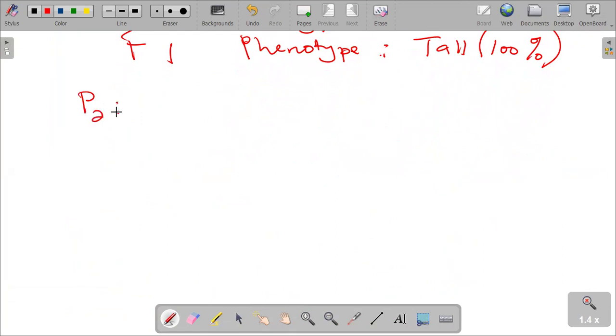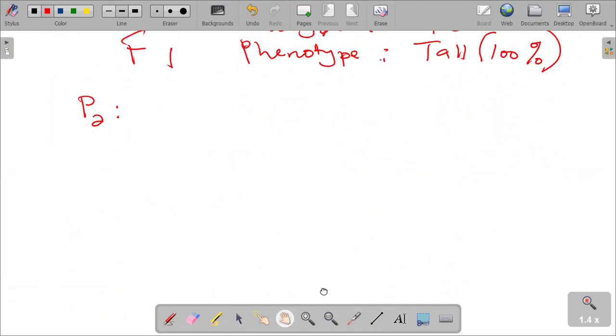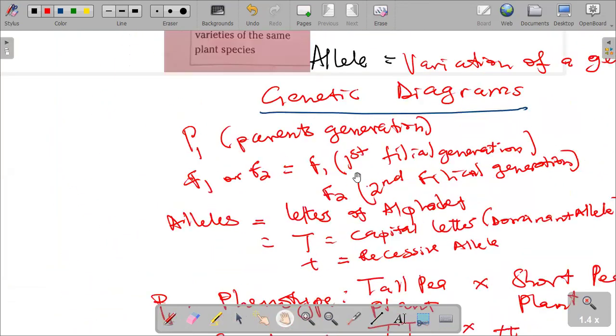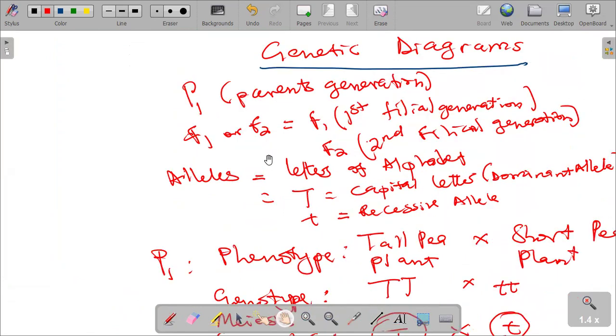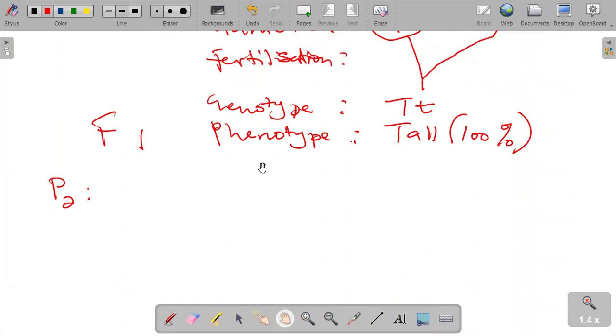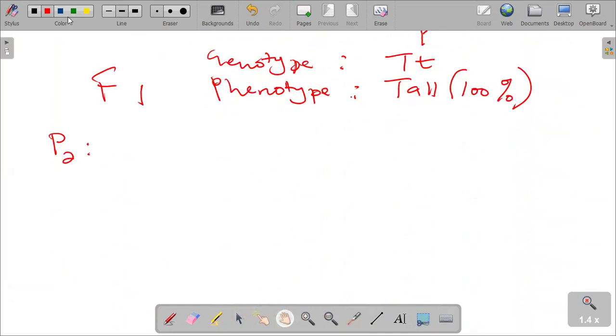P2 represents the second generation of parents, which I have shown you here. The first P is the P1 parents generation. If it is P1, it is the first parents generation, and if it is P2, it means the second parents generation, which also has our phenotype.